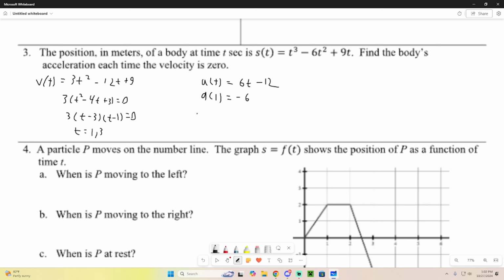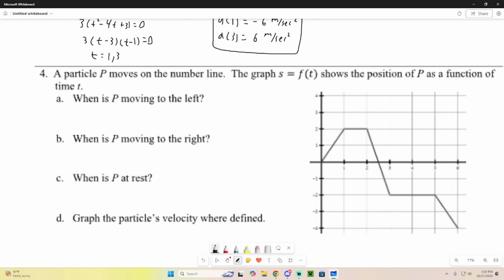And then a of 3 is 6 times 3, which is 18. 18 minus 12 is positive 6. So our units are negative 6 meters per second squared, and positive 6 meters per second squared. And these are our two answers.